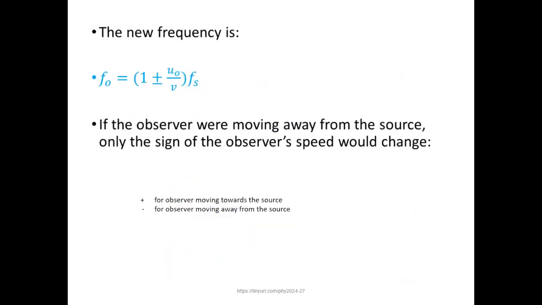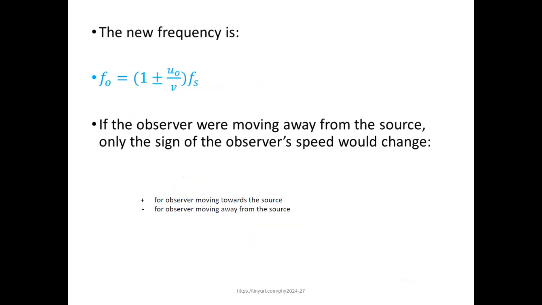In that case, the equation is slightly different. You are going to use this equation: the frequency heard by the observer equals 1 plus or minus u_o, the speed of the observer, divided by the speed of sound, times f_s, which is the frequency given by the source.